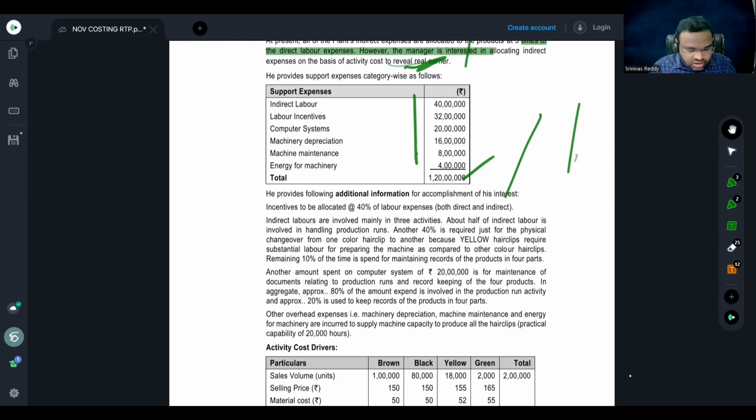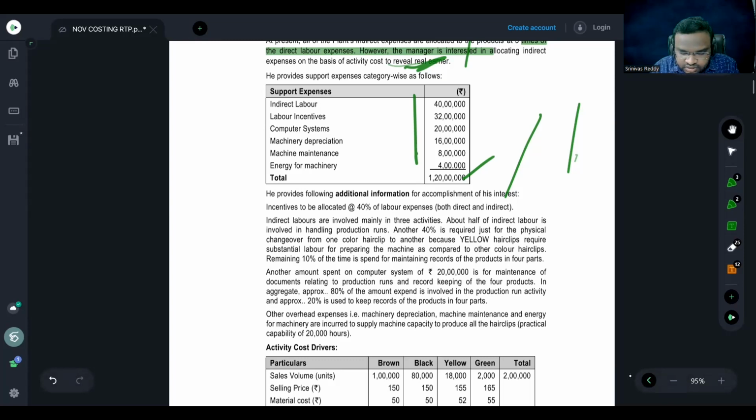Another 40% is required for the physical changeover from one color hair clip to another, because yellow hair clips require substantial labor for preparing the machine as compared to other color hair clips. The remaining 10% of the time is spent maintaining records of the products in four parts. So 50% is directly involved in production runs, 40% is for setups, and 10% is for maintaining records.